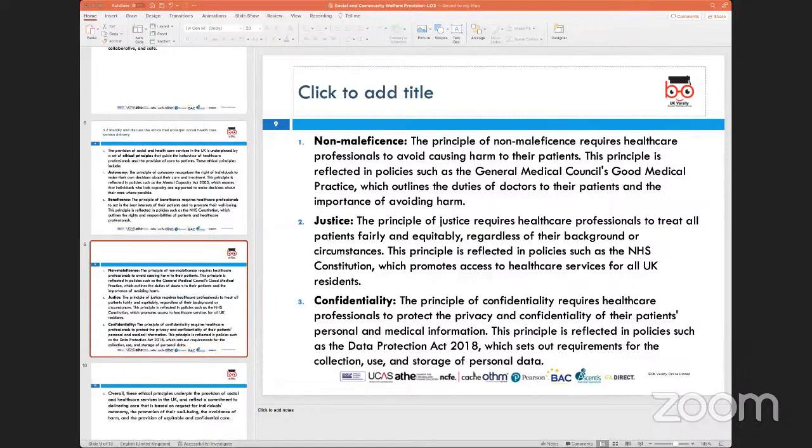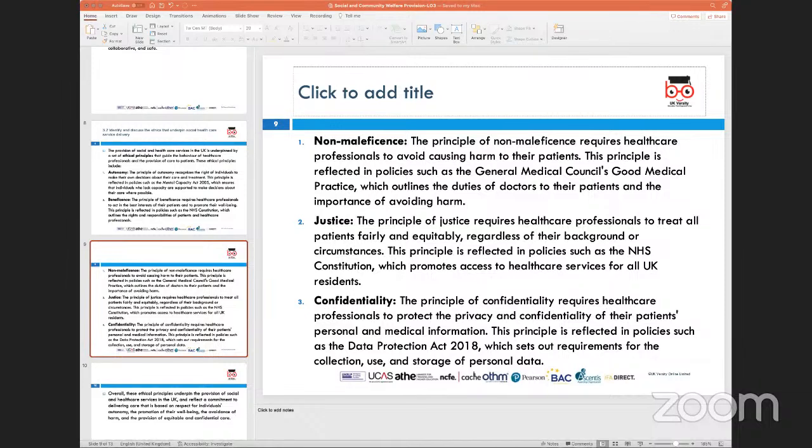This word would generally mean that we are not committing harm, not doing something which is going to harm the patient.